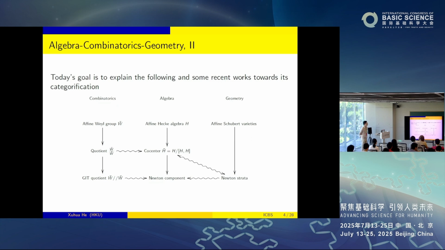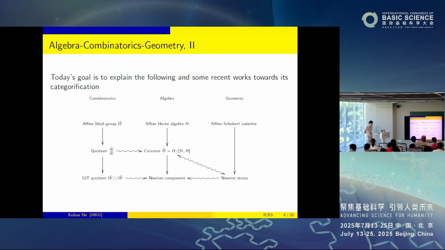So what we're going to talk about today is something similar. Still, we want to see the combinatorics part, the algebra part, and the geometry part. For the combinatorics part, we start with the affine Weyl group, which I'm going to talk about in detail shortly.